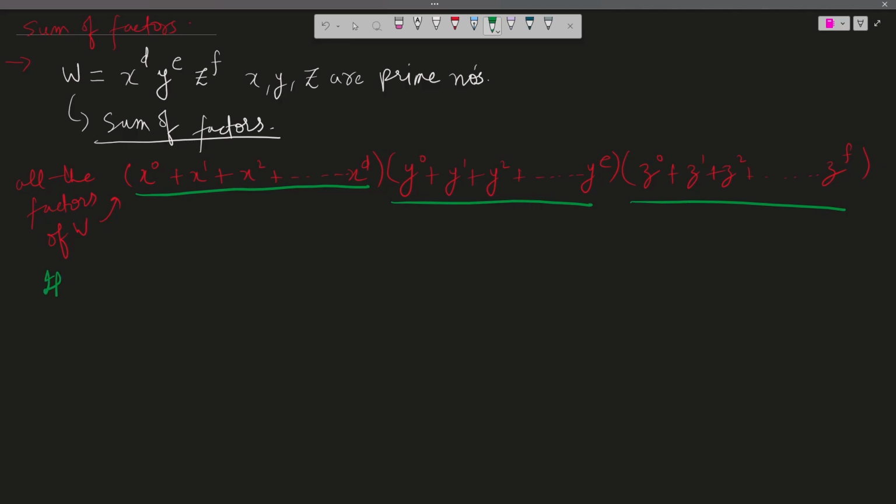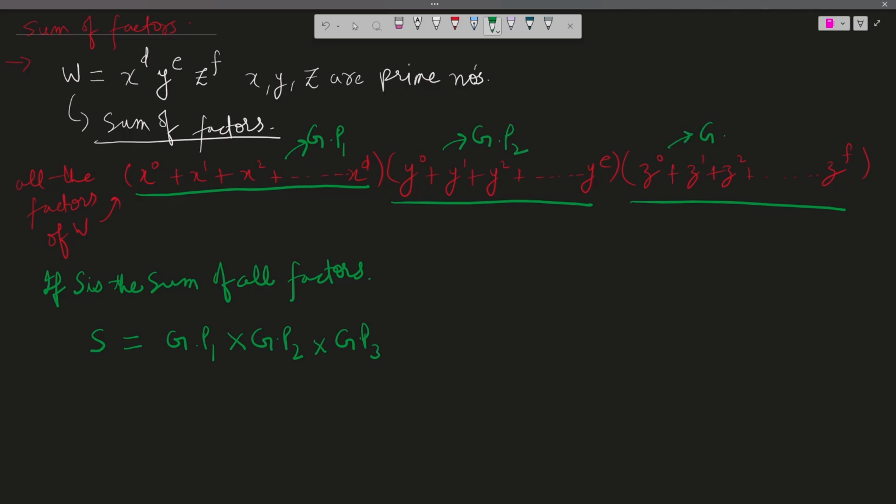Let's say S is the sum of all the factors, then S is GP1 multiplied by GP2 multiplied by GP3, where GP1 is this, GP2 is this, and GP3 is this, right? So if all the GPs are multiplied with each other, that gives us the sum of the factors.